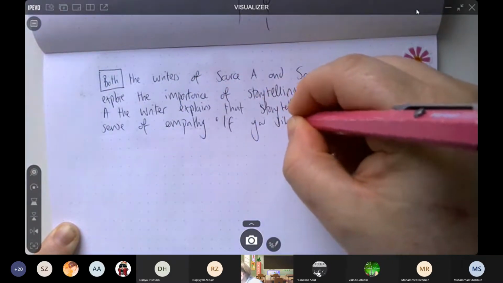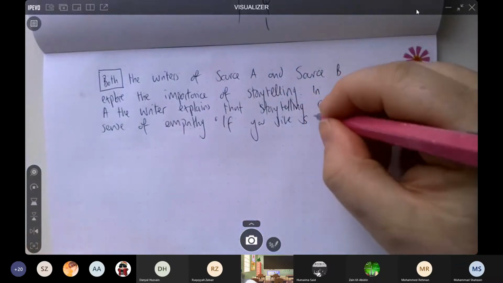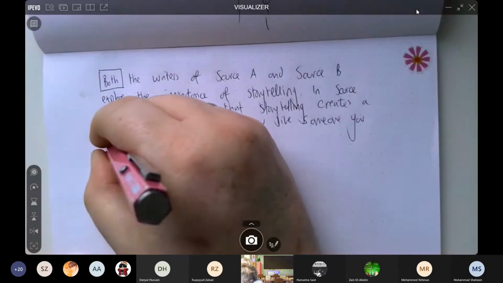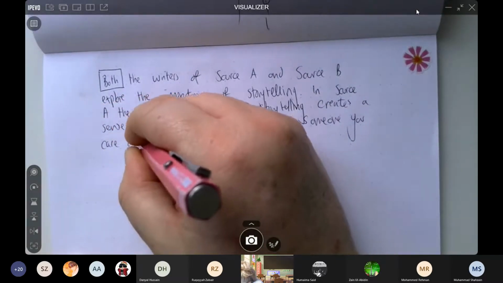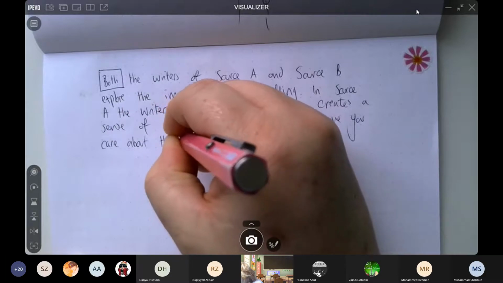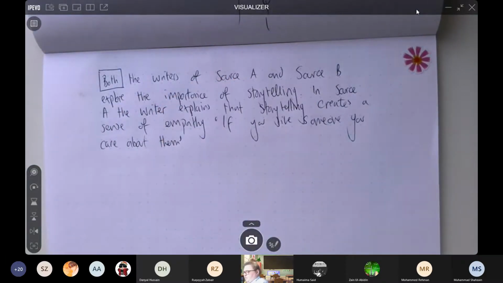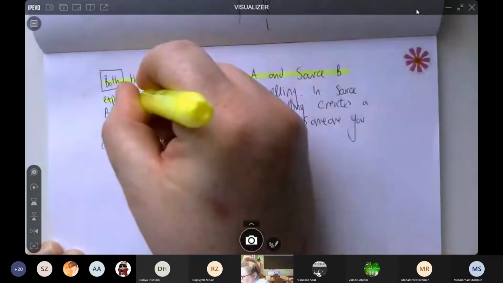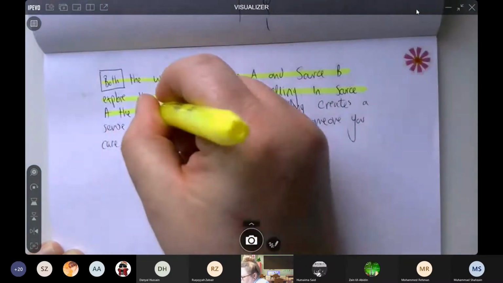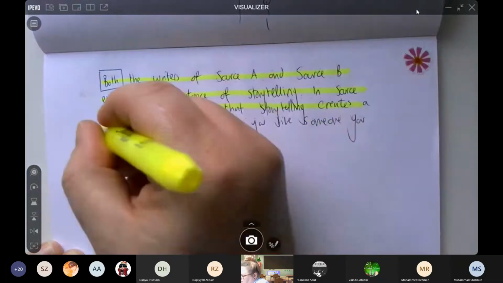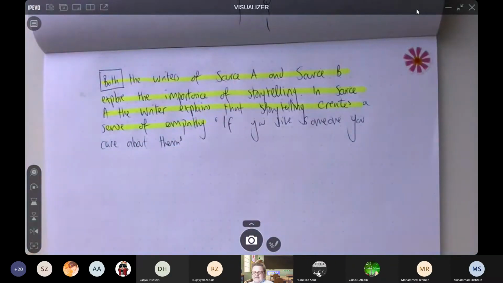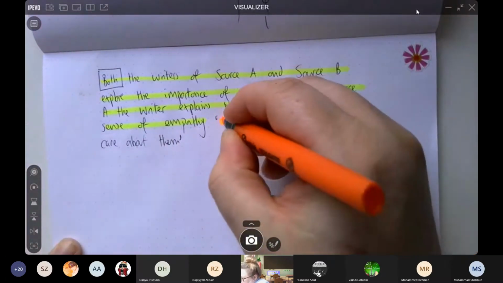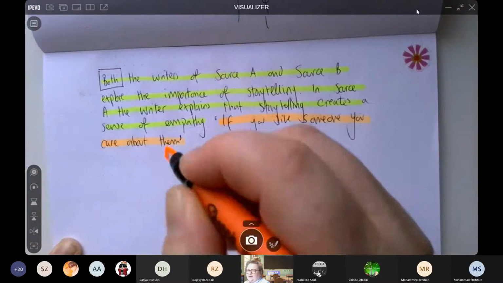If you like someone, you care about them. So you'll notice that I've got my statement here. Both the writers of source A and source B explore the importance of storytelling. In source A, the writer explains that storytelling creates a sense of empathy. That's my statement. I've then supported my statement with my quotation. If you like someone, you care about them.